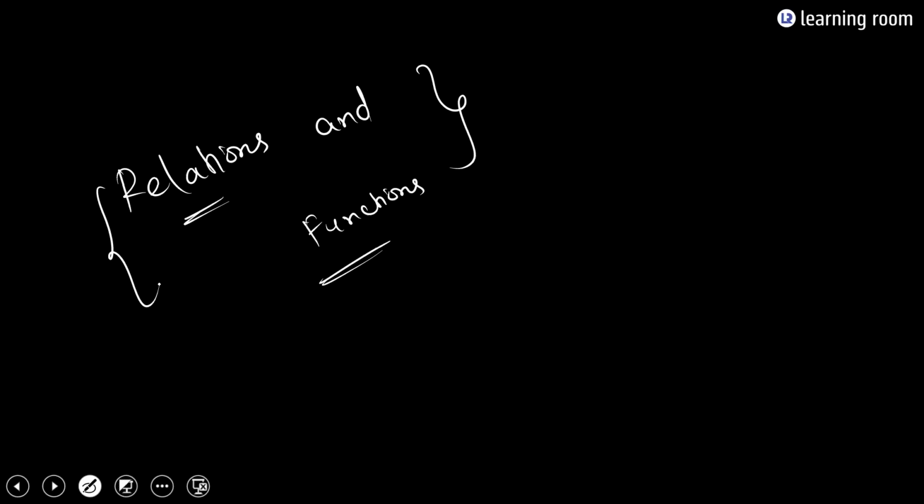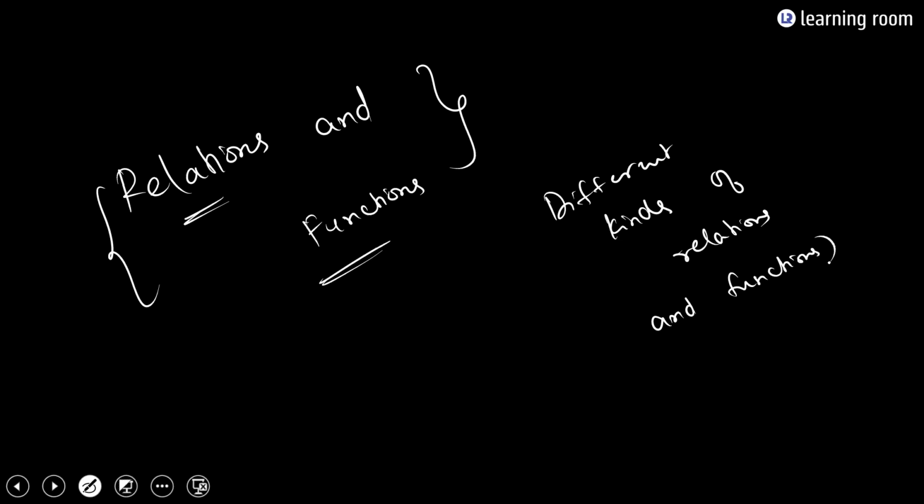Reflexive, transitive, symmetric is there. One-to-one and onto is there. You have different kinds of relations and functions, right?